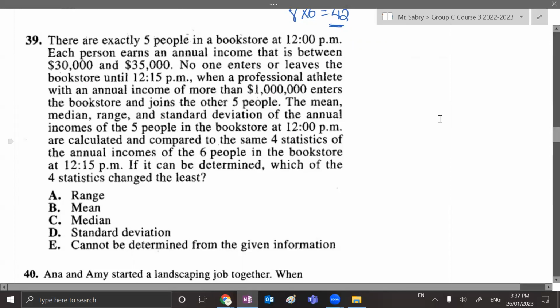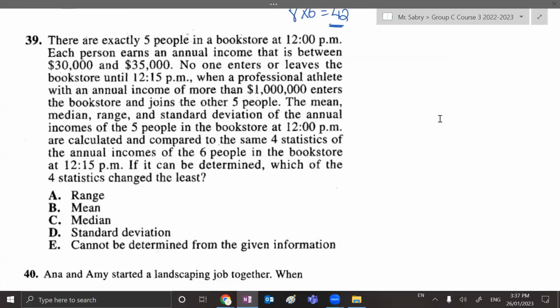In 39 they say there are exactly 5 people in a bookstore at 12 p.m. Each person earns an annual income that is between 30,000 and 35,000. No one enters or leaves the bookstore until 12:15 p.m., when a professional athlete with an annual income of more than 1 million enters the bookstore and joins the other 5 people.